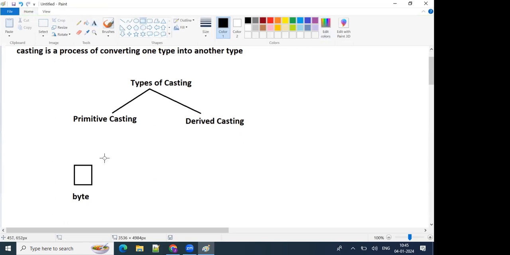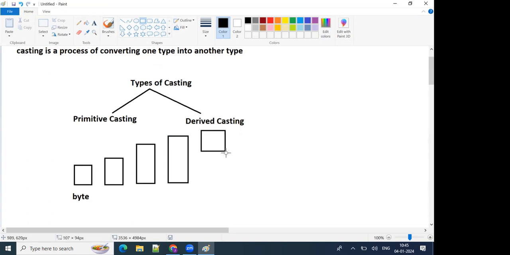Then short, int, long, float. Numbers only I'll take. And the big one is double.